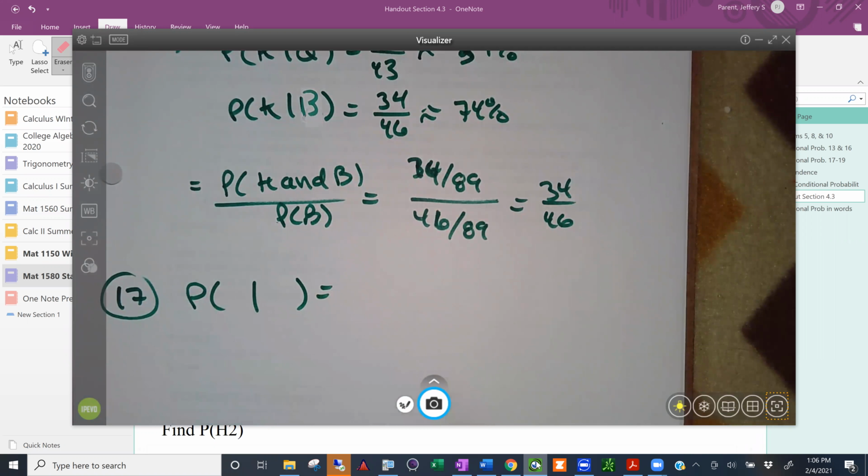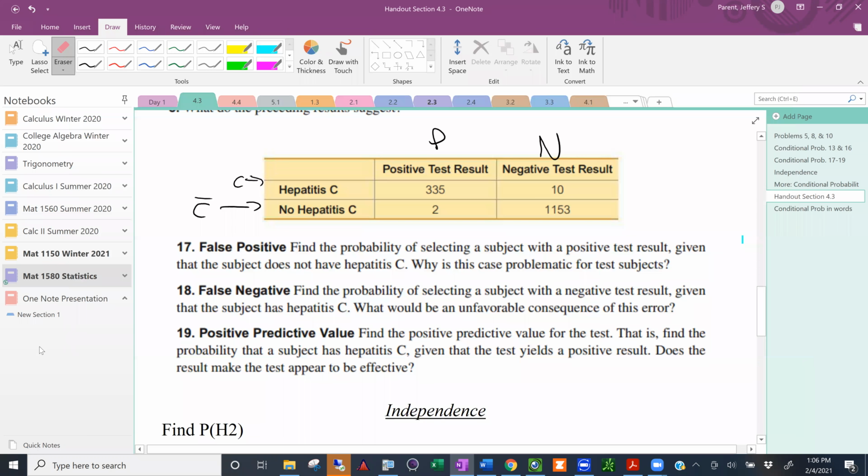What notation should I put in there, understanding that I've used these letters, P, N, C, and C bar? Does anyone want to give that one a shot?